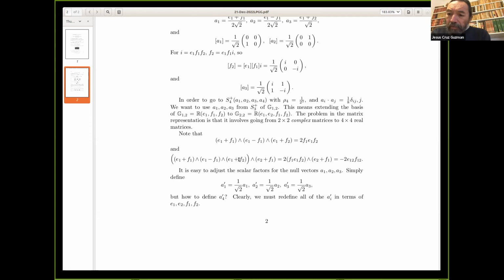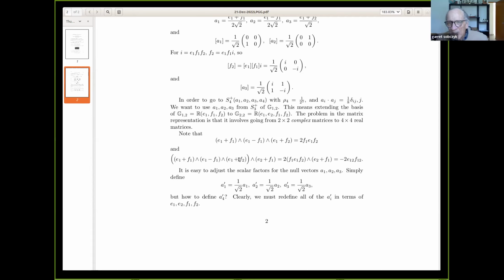So because we either can go from Pauli matrix, for example, to quaternions, no? And then we go from one two-dimension matrix 2x2 to 4x4, no?